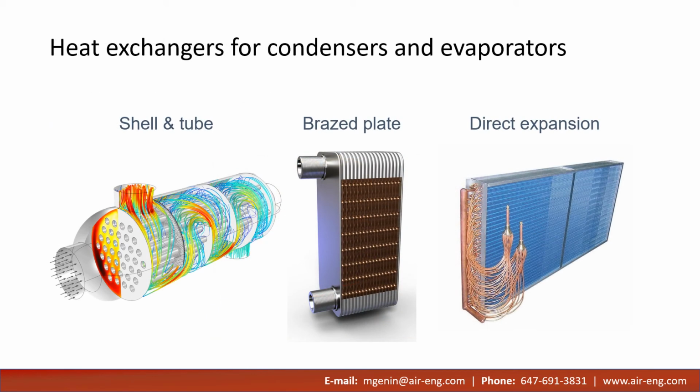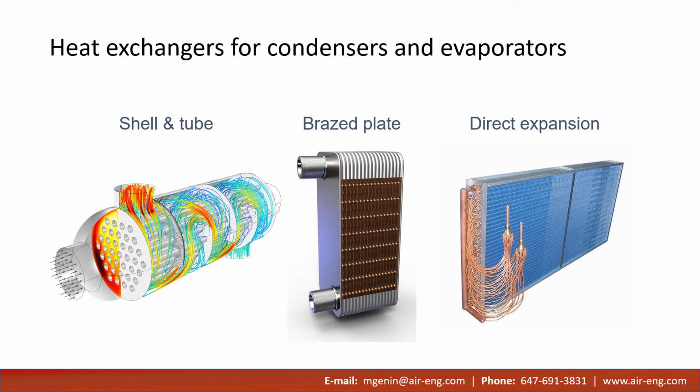We discussed the evaporator and condenser within the vapor compression cycle, and these are the different types of heat exchangers that typically exist within the system. They come in multiple forms depending on the application. Sometimes we're trying to cool a fluid like water, other times we're trying to cool the air. Shell and tube heat exchangers are very common.